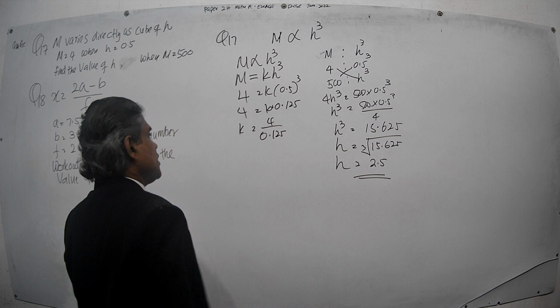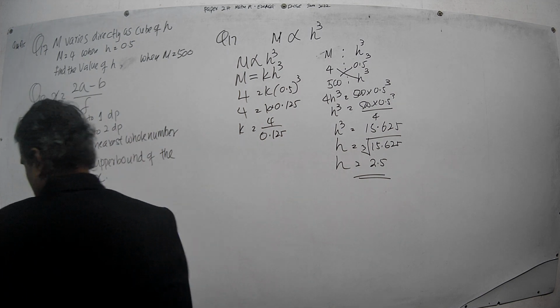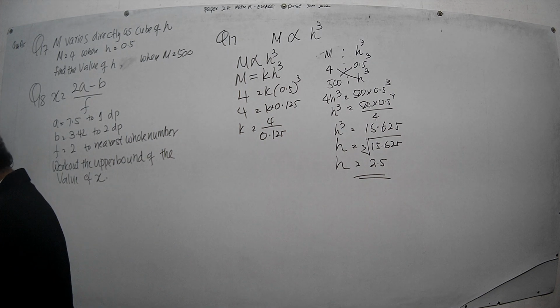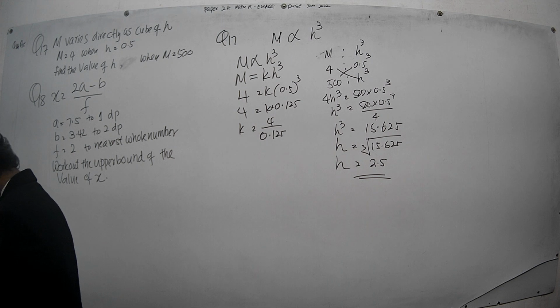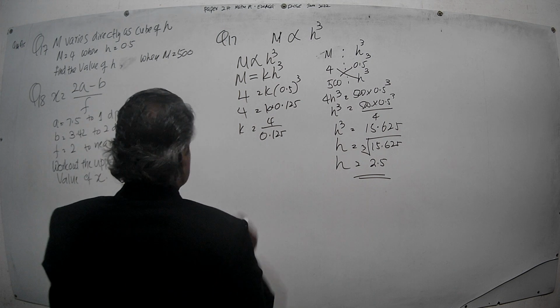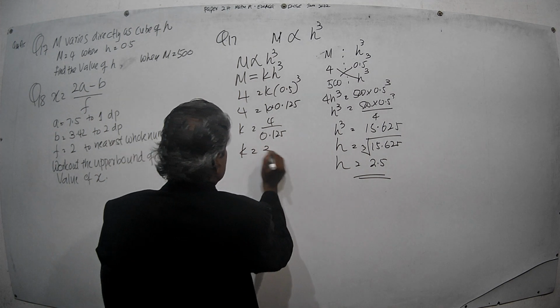Then you divide 4 by 0.125, which gives 32. Then k equals 32.